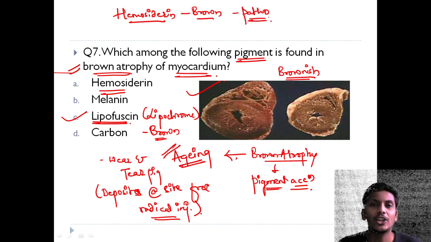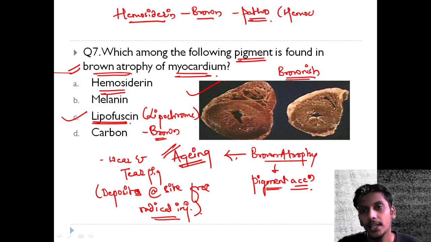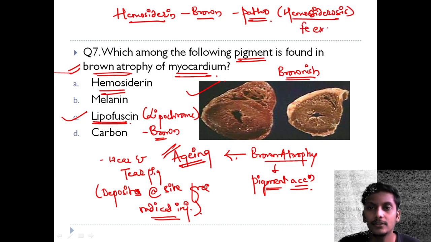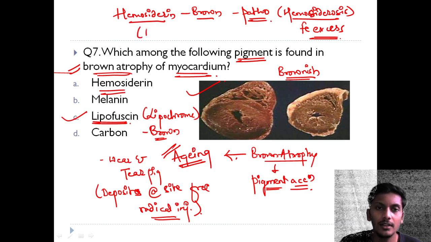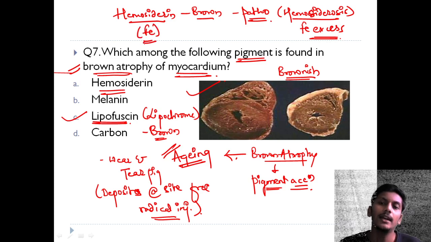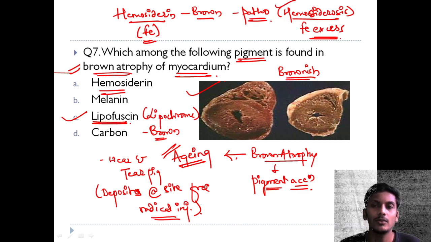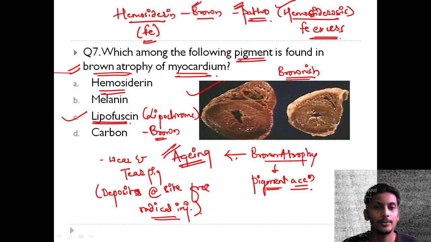Hemosiderin usually accumulates in a condition known as hemosiderosis, which is due to iron excess. So please remember, hemosiderin is an iron containing pigment. It accumulates in conditions like hemosiderosis, where there is iron excess or iron overload. Okay, so it is a pathological brown pigment which is accumulated inside the body.